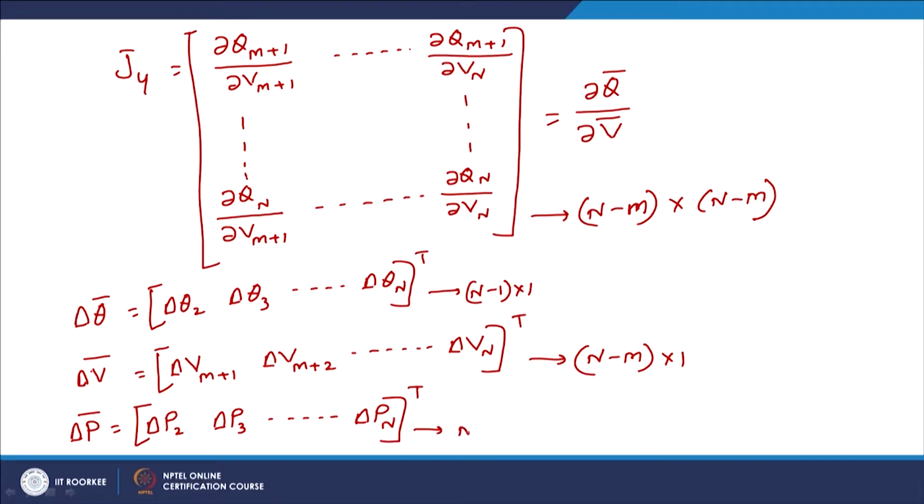So, it also has n minus 1 cross 1, where delta Pi is Pi specified minus Pi calculated for all i equal to 2 to n. So, delta P2 is P2 specified minus P2 calculated, delta P3 is P3 specified minus P3 calculated, and similarly delta Pn is Pn specified minus Pn calculated.